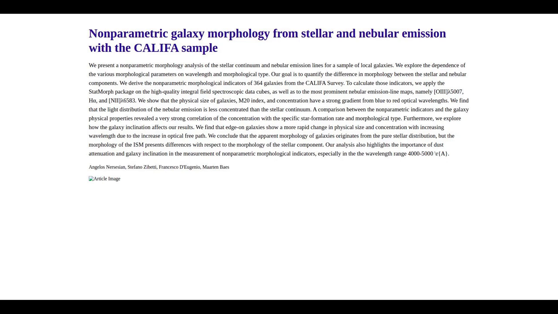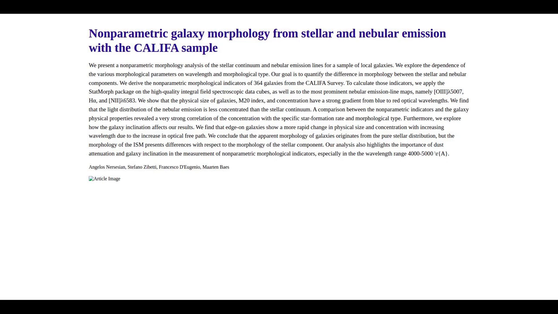A comparison between the nonparametric indicators and the galaxy physical properties revealed a very strong correlation of the concentration with the specific star formation rate and morphological type. Furthermore, we explore how the galaxy inclination affects our results. We find that edge-on galaxies show a more rapid change in physical size and concentration with increasing wavelength due to the increase in optical path length.